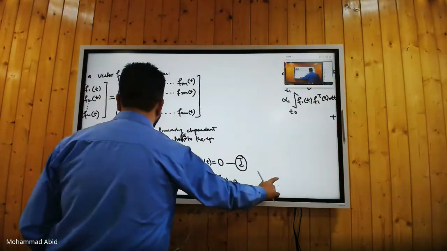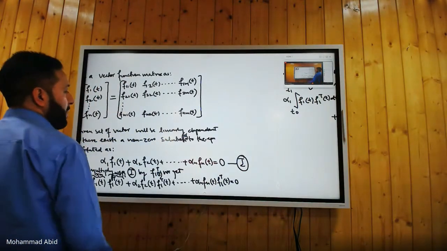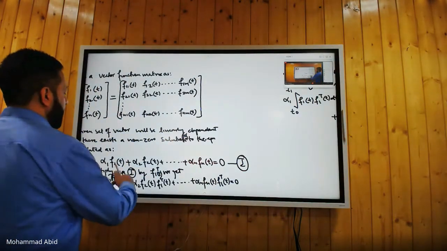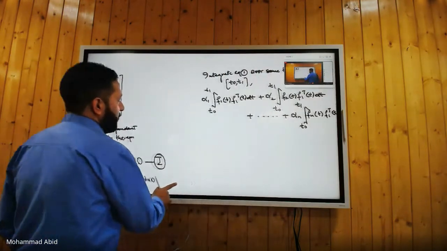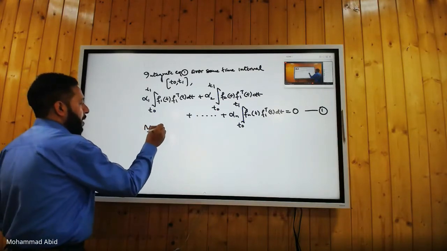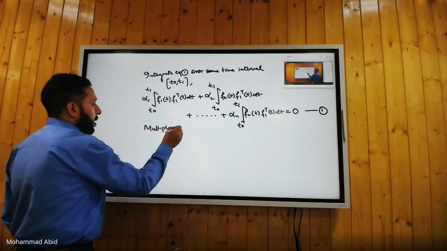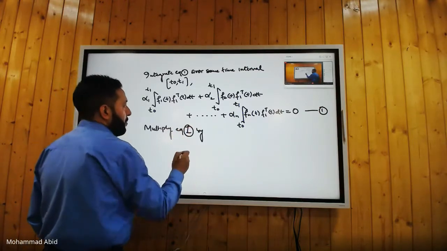Same way, I go on multiplying this equation. Next time, multiply equation 1 by F2 transpose(t) and integrate it from t0 to t1.